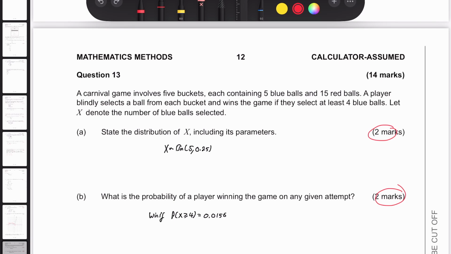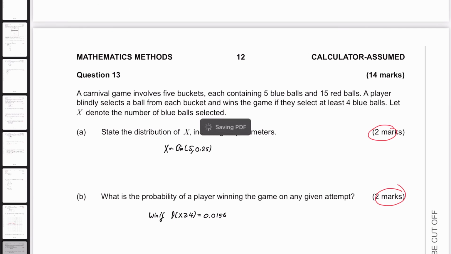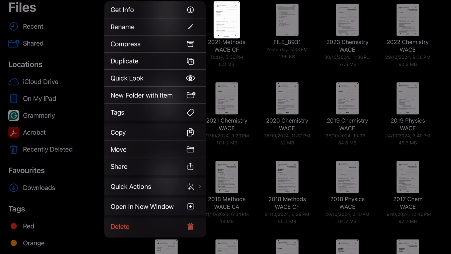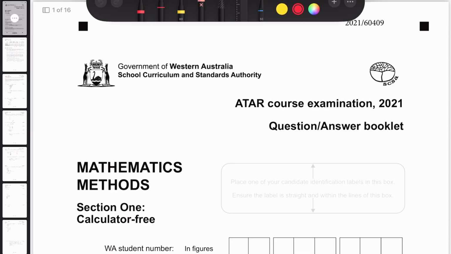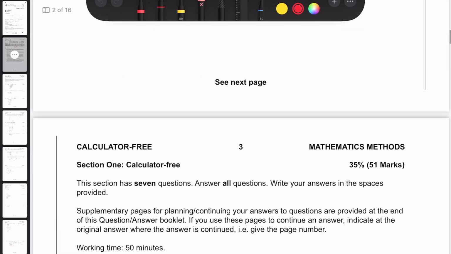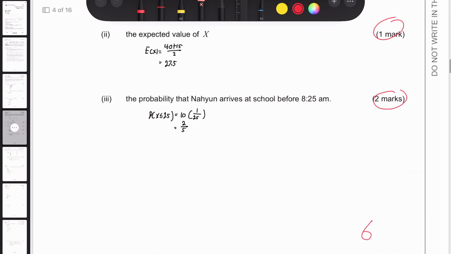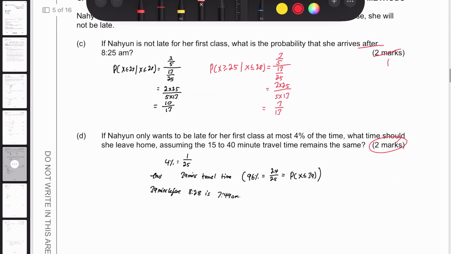I'm going to swap to calculator free. Okay, and then we lost 3 marks here because of not reading the question correctly.